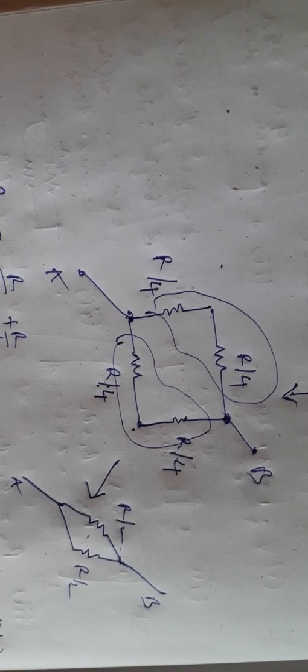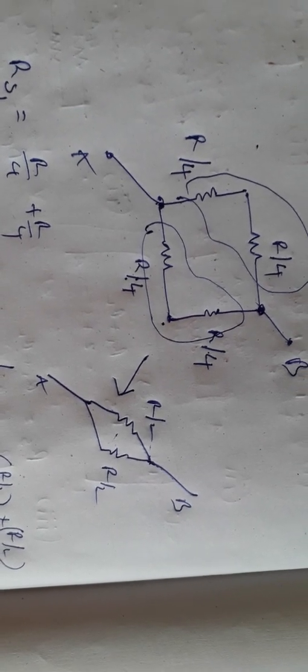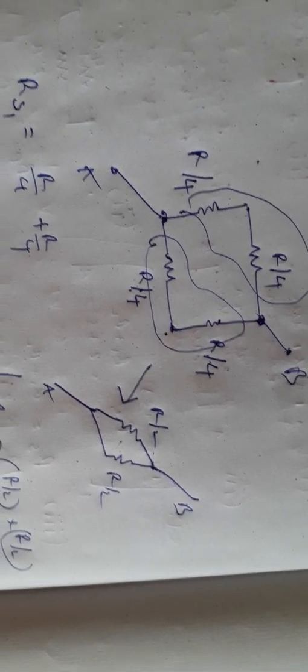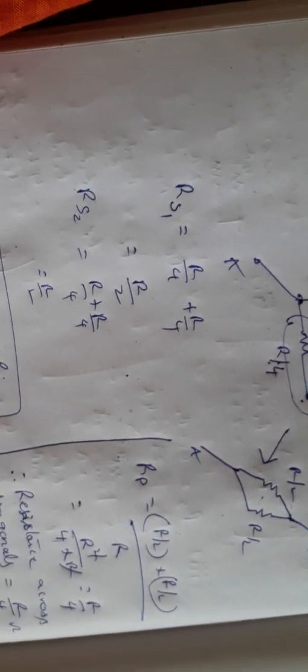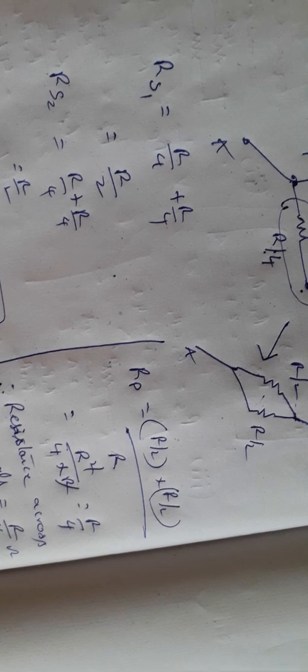Now the question is asked to find the effective resistance across the diagonal. The circuit looks like this. So you have one branch with two series resistors, another branch with two series resistors. On redrawing it will become like this. So first each branch's series effective resistance is R by 2. This is what we have determined already. And then finally we find the RP value.